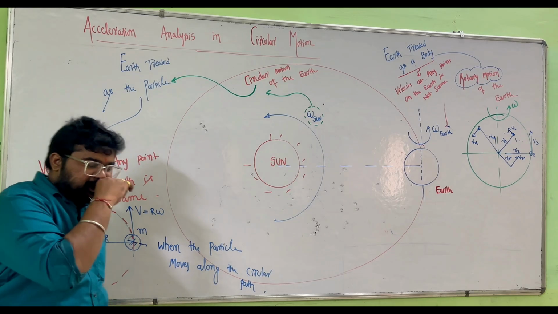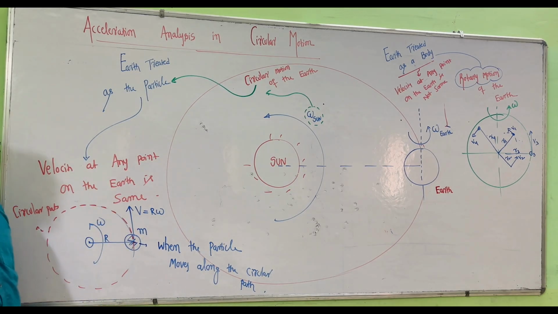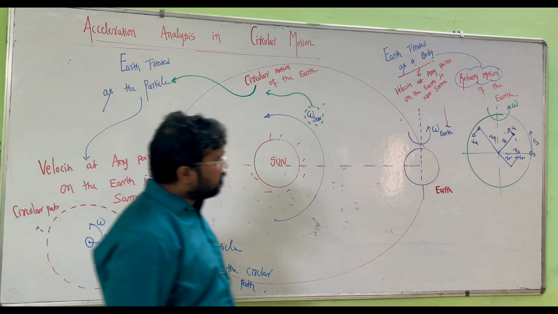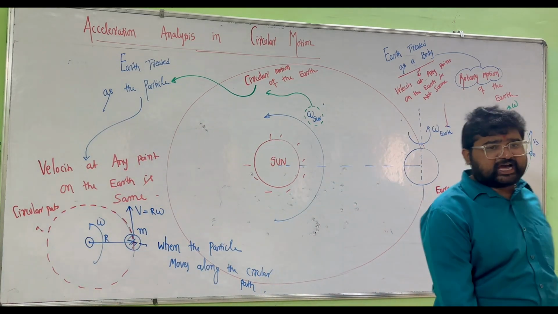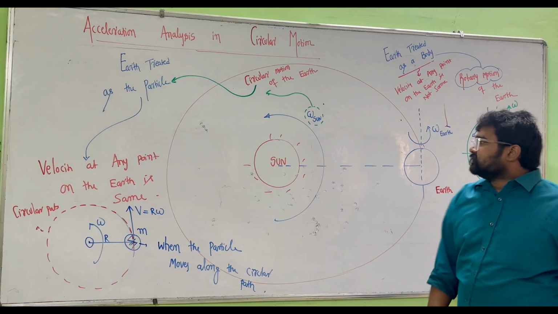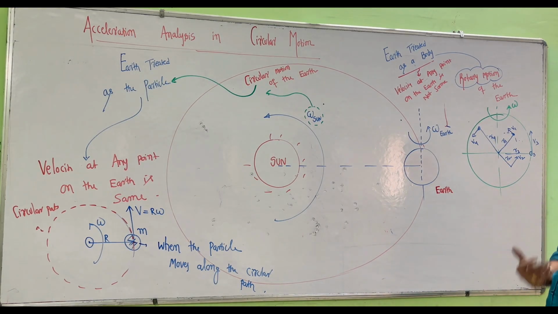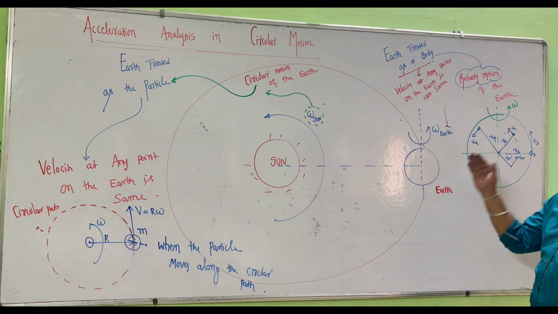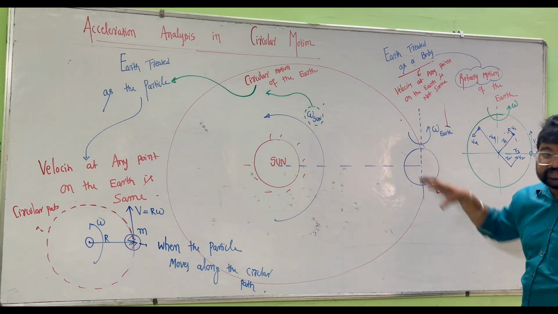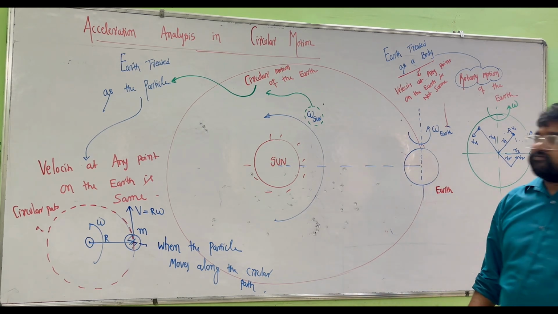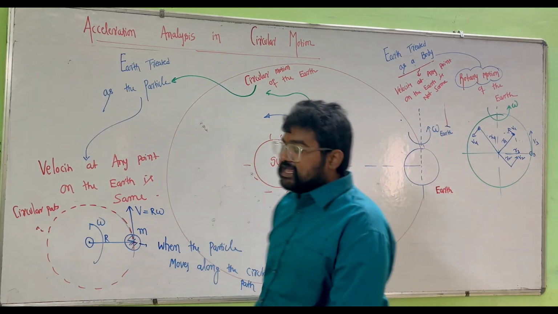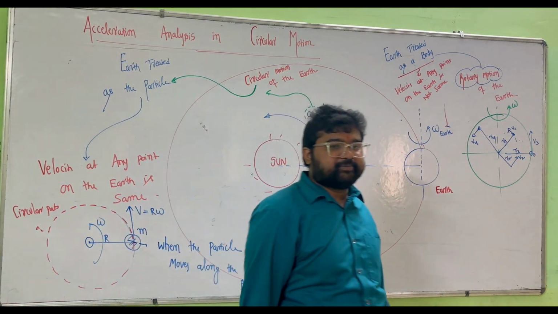In that case, we need to consider that body as a particle. Velocity at any point on the body treated as a particle is the same. Understood? So when you apply kinematics of the Earth in circular motion, we need to consider the Earth as a particle. When you consider the Earth as a particle, velocity at any point on the Earth is the same.